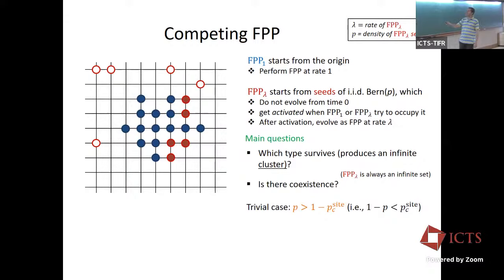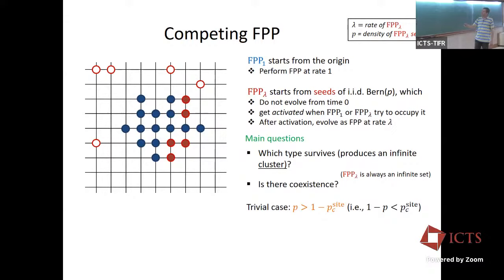Type 1, obviously, if it grows indefinitely, produces an infinite connected cluster. But type 2 is always an infinite set. That's why I require the extra condition of being a cluster, because all the seeds will eventually be occupied by type 2. But it has to do more than this to survive. It has to have an infinite set of connected sites.